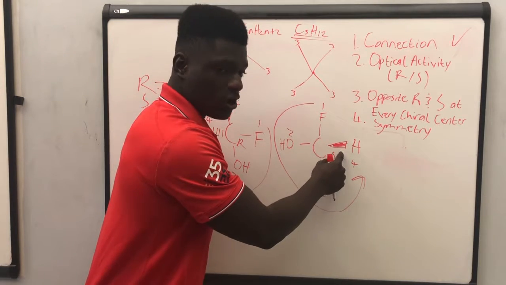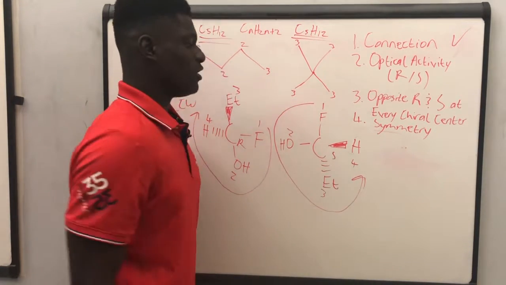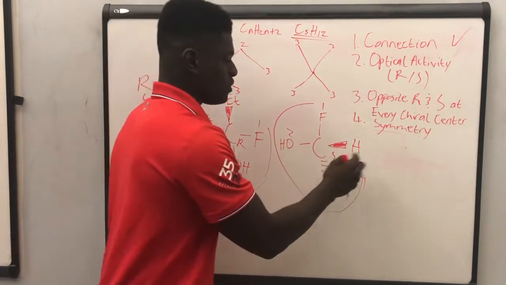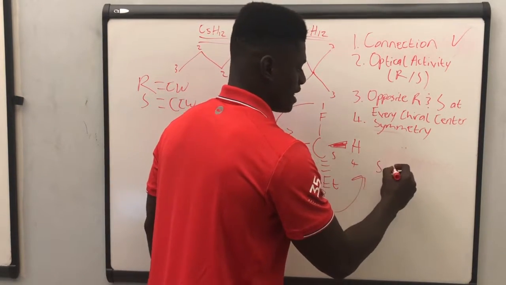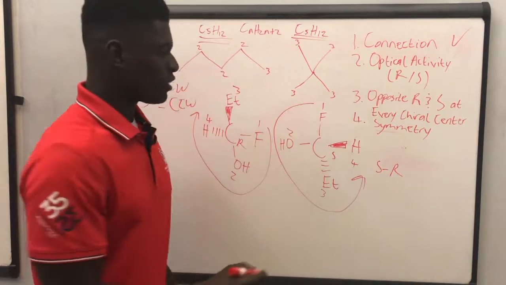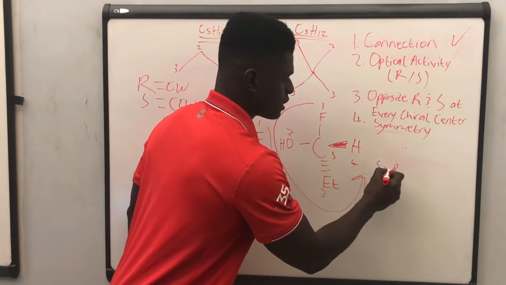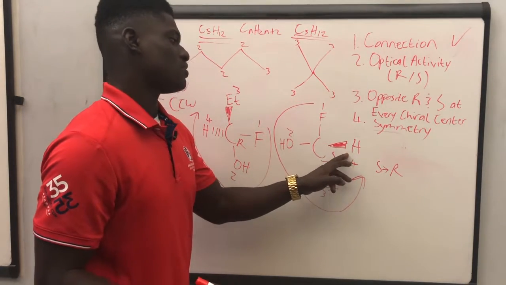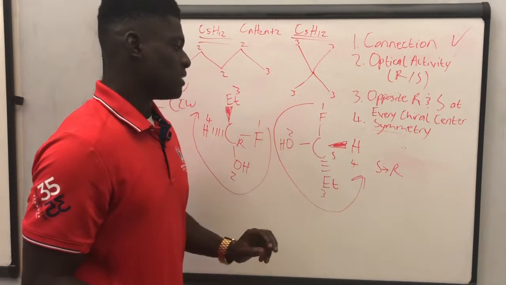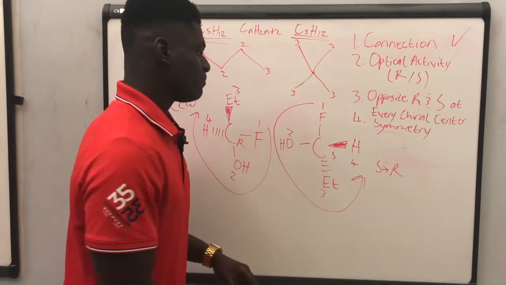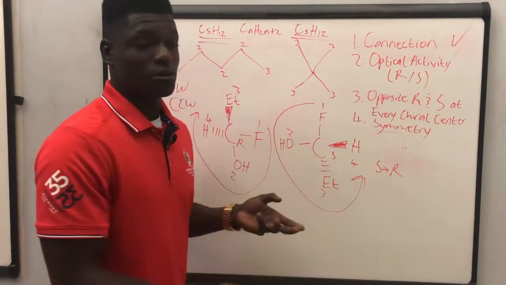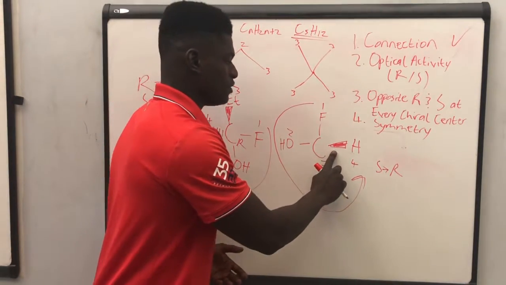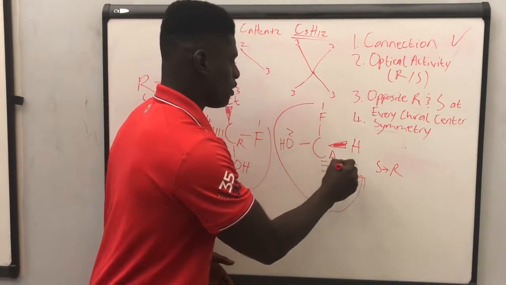Our hydrogen, our lowest priority group, is on a wedge, which means we then have to invert our stereochemistry from S to R, right? So we're going to invert our stereochemistry from S to R because our lowest priority group is on a wedge, right? Another way of thinking about that is that one of our highest priority groups would be on a dash, which we don't want to happen, right? So this is going to go from S to R.